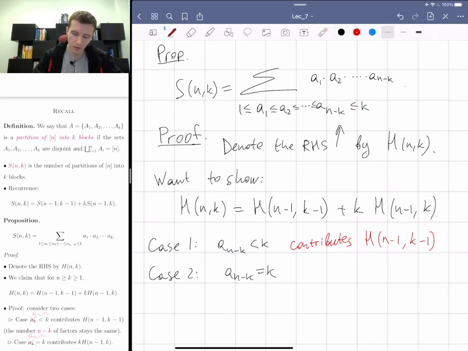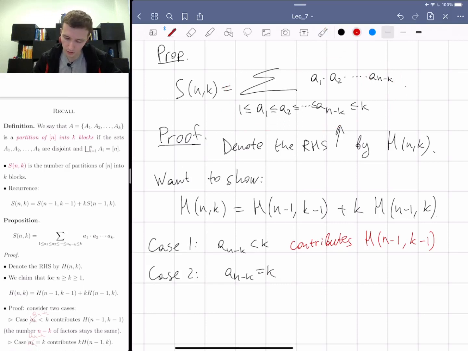And similarly, if this last number is equal to k, then we can just remove it from the sequence, and we get a shorter sequence with the same kind of definition. But it is going to get multiplied by k.